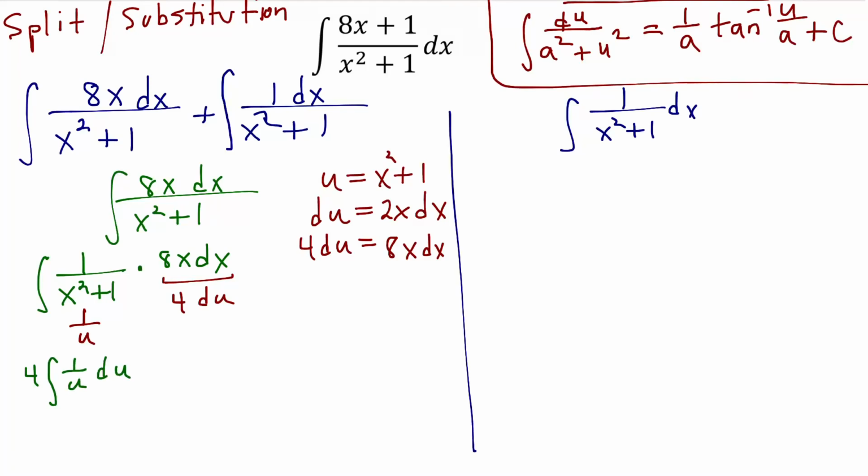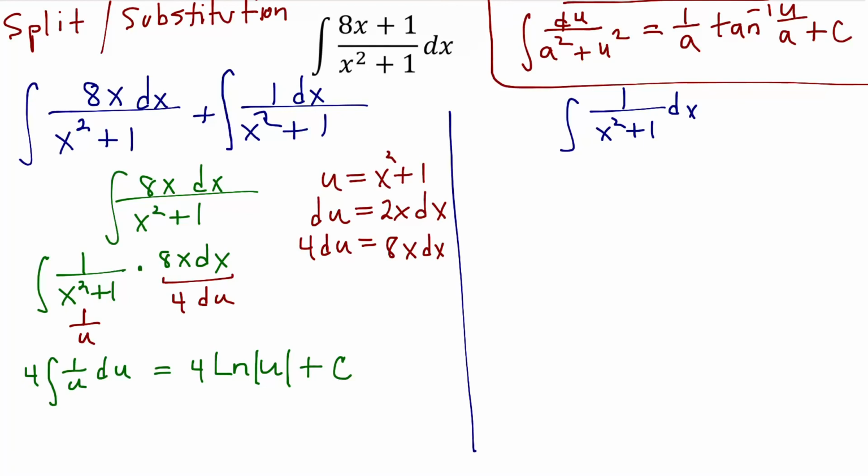Right, so we know that that's equal to 4 times the natural log of u, absolute value bars, of course, plus c. All right, so that's my evaluated integral. All right, so that's my antiderivative, as more correctly said.